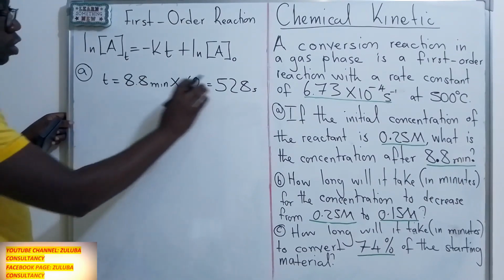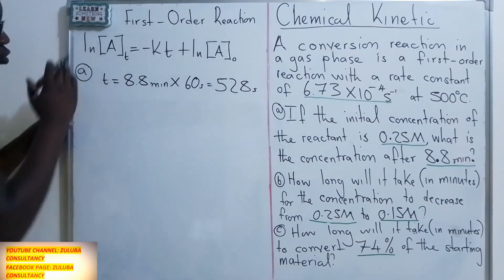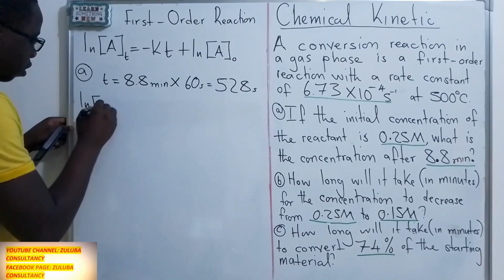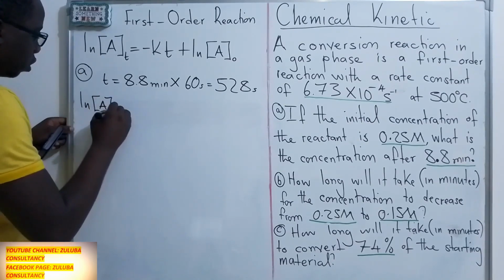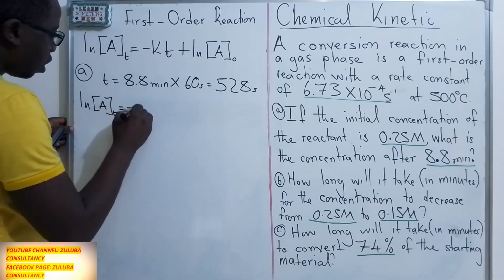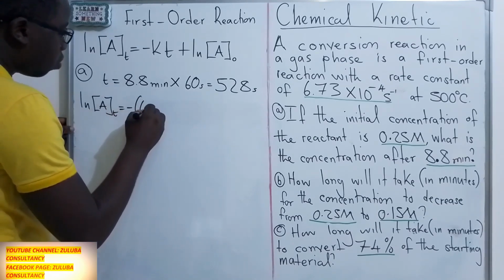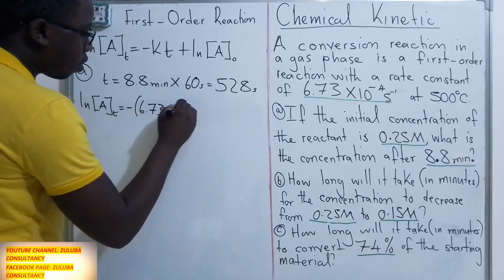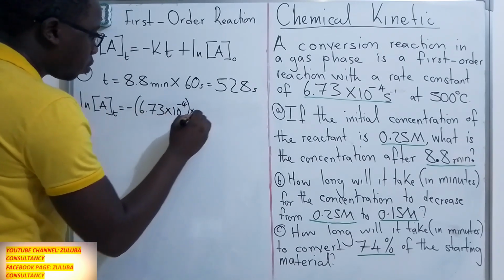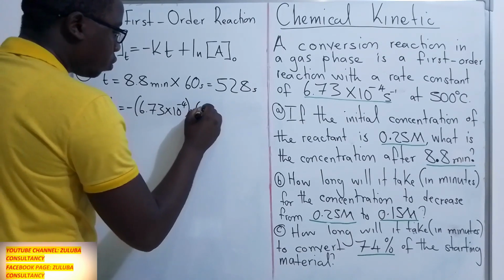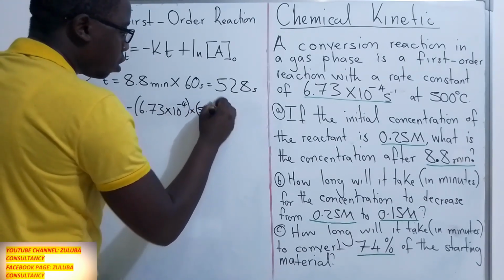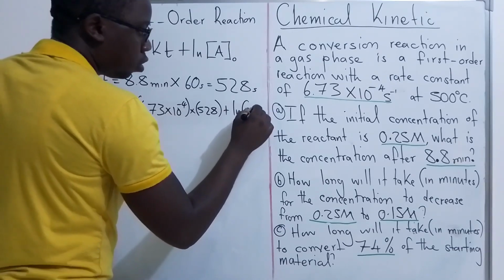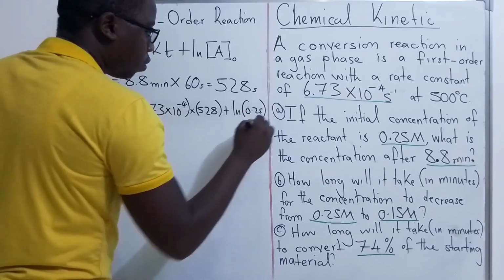Now that we have the time in seconds, we can go back to the equation where we are saying the natural log of the concentration at a given time is equal to negative of the K value, which is 6.73 times 10 to the power negative 4, multiplying with the time, which is 528, then plus the natural log of 0.25.